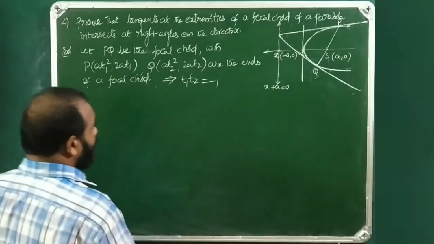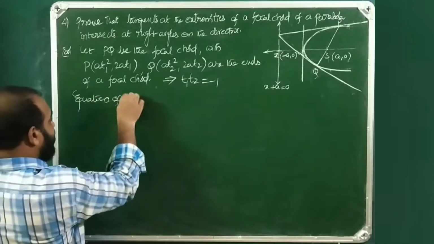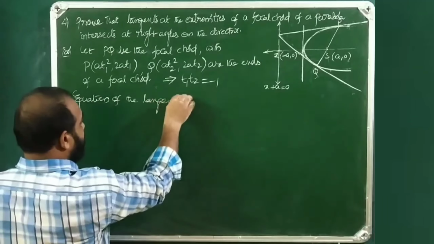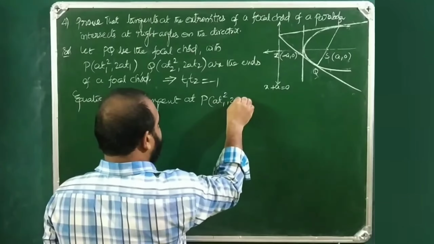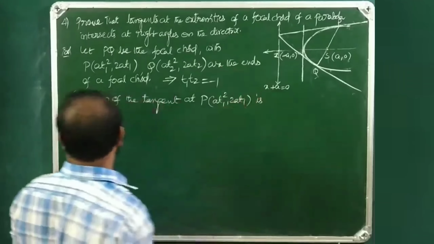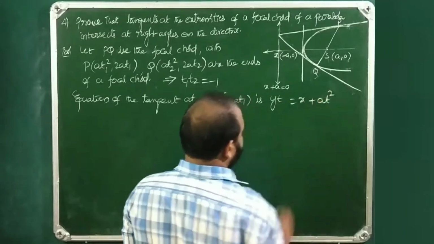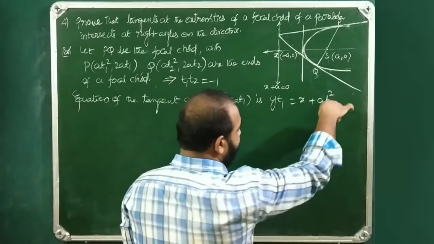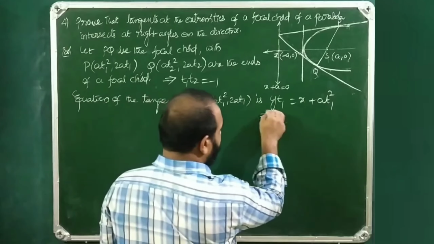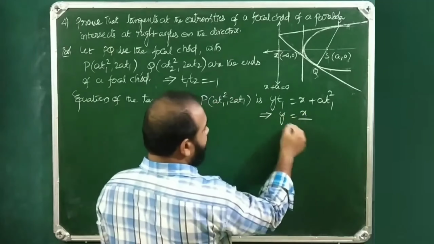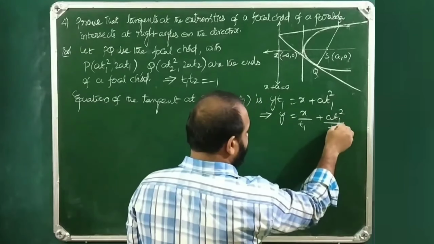Now, the equation of the tangent at P (at1 square, 2at1) is yt equals x plus at square. So yt1 equals x plus at1 square at P. So here y equals x by t1 plus at1 square by t1.